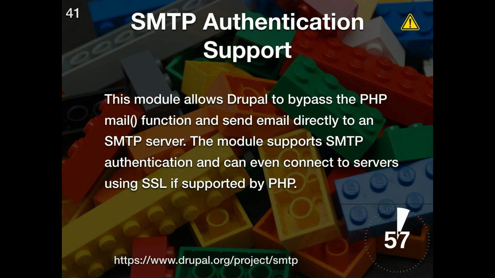SMTP authentication support. So by default, when you send an email using Drupal, all the way in the back end, it will use the PHP mail function, which uses your local SMTP to send stuff.